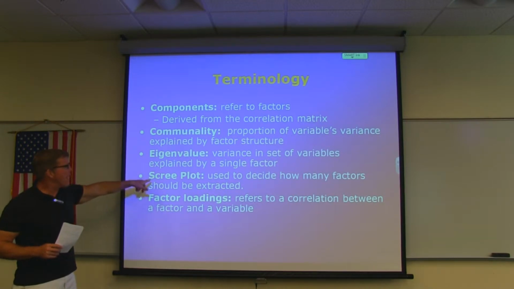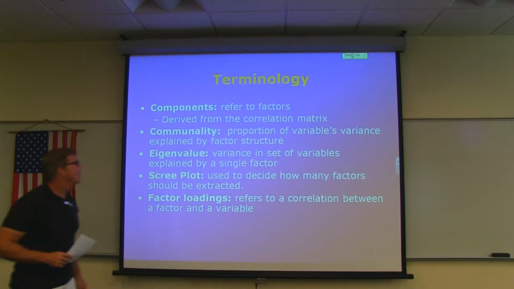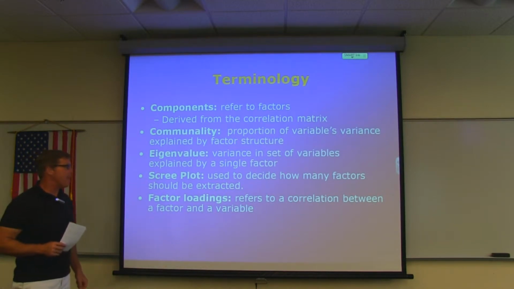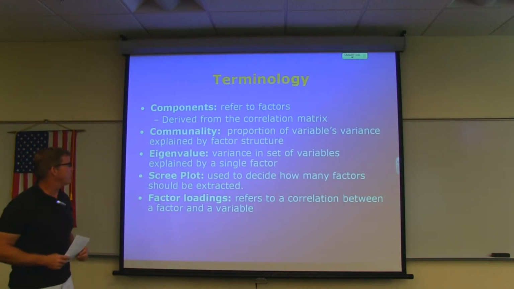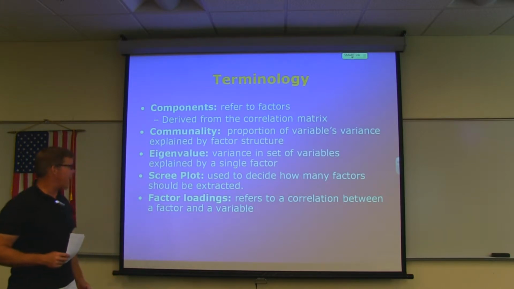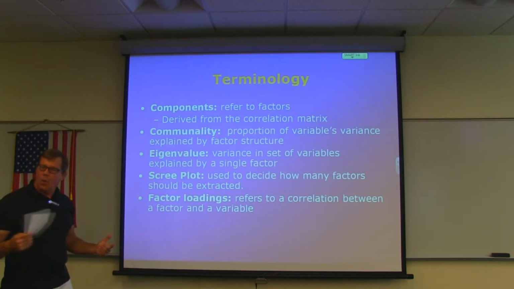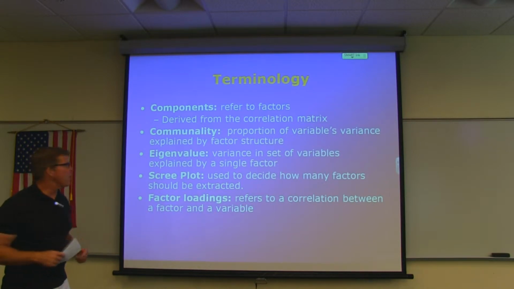And the scree plot is nothing more than the visual representation of the eigenvalues, again used to decide how many factors should be extracted. And the factor loadings simply refer to the correlations between a factor and a variable. So as we see, lots of correlation and coefficient of determination, R squared types of terminology here. And this is stuff you're all familiar with.